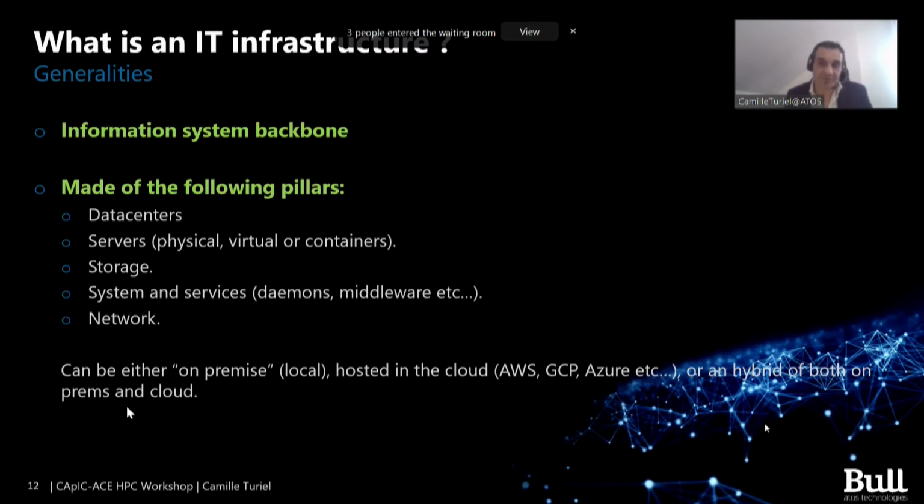For the future, we don't really know how it will go. So I think it's important for you to be concerned also by cloud. But most likely for now you will see only on-premise or maybe hybrids also.